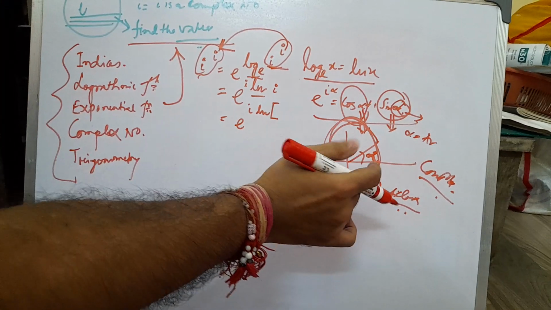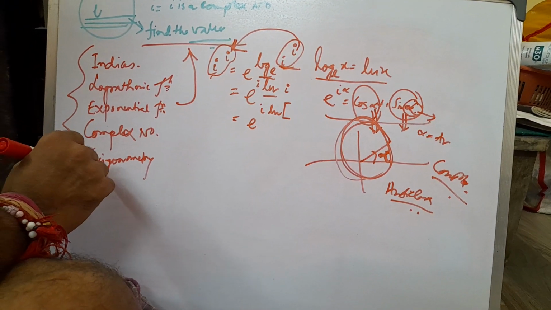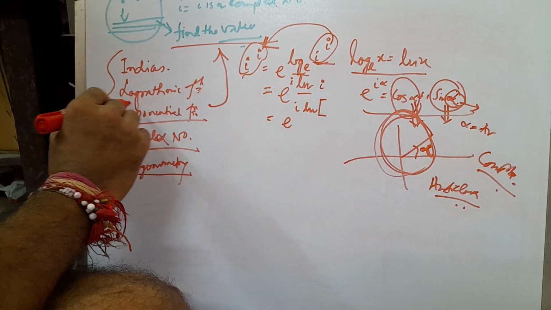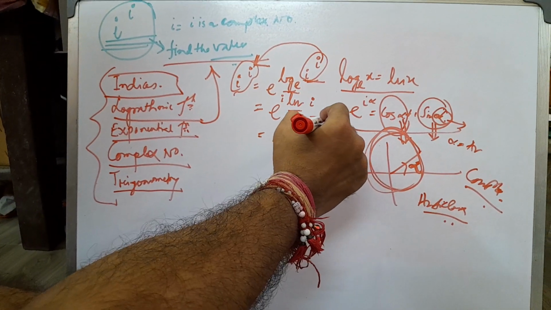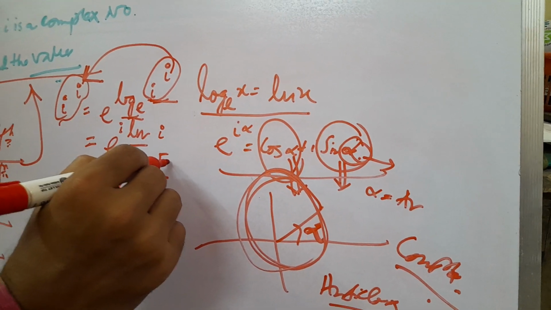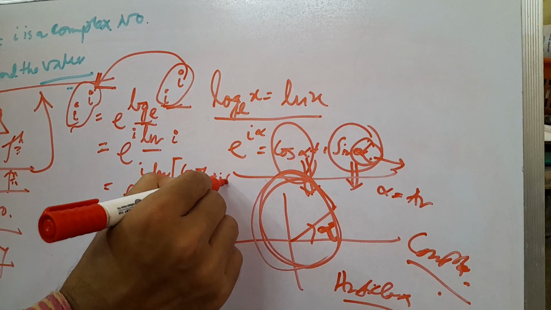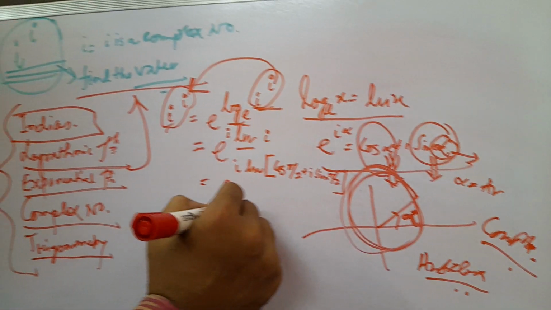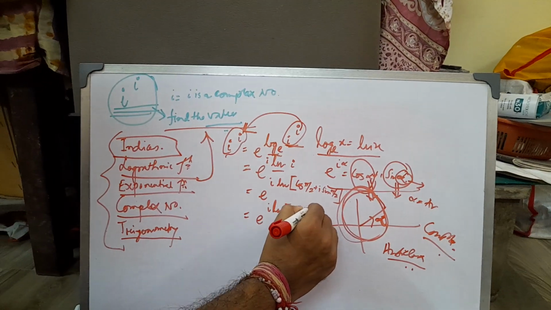As I told you at the first, it is matching with the trigonometrical function as well as the complex number, the exponential function and the logarithm function. The main thing is the indices. So e to the power i ln i is cos pi by 2 plus i sin pi by 2, which is e to the power i into 0 plus i into 1.